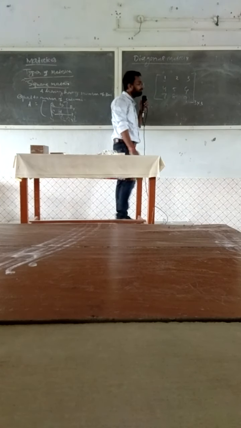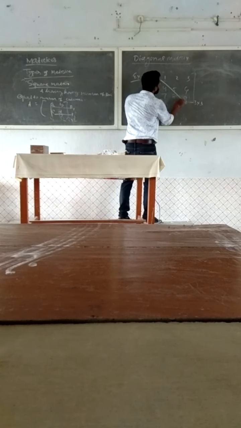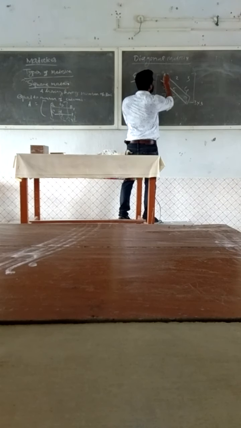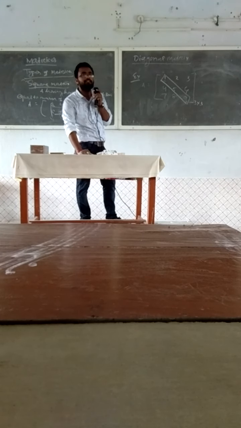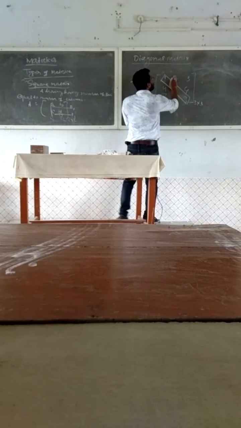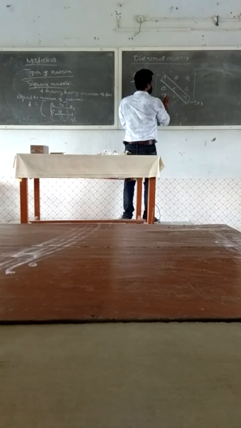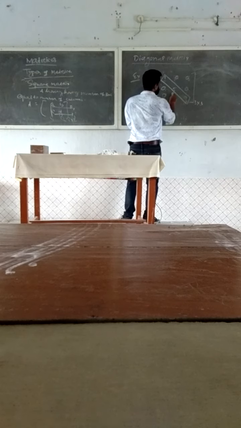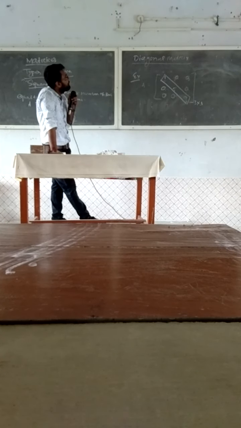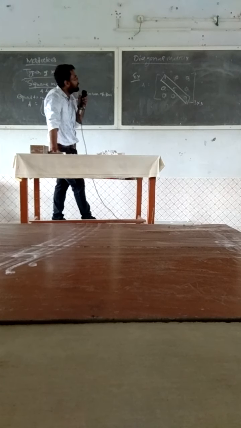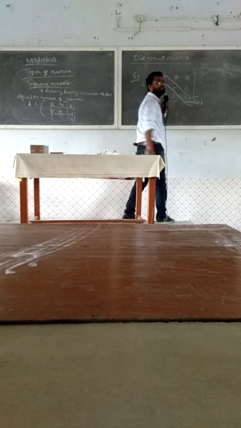And what is the diagonal matrix? A diagonal matrix means only diagonal elements are written and the other elements of the matrix are zeros. That is 2, 3, and the rest is 0. So a square matrix is a diagonal matrix if other than the diagonal elements, the elements of the matrix are 0.